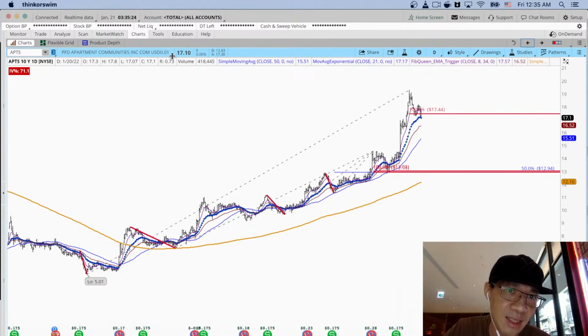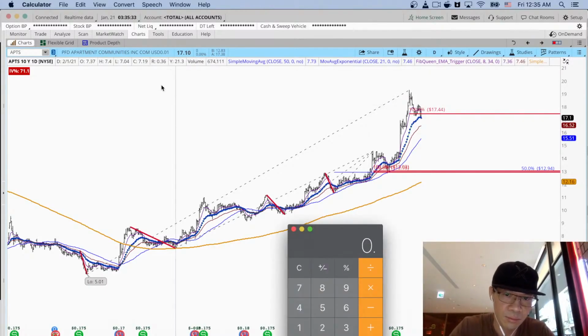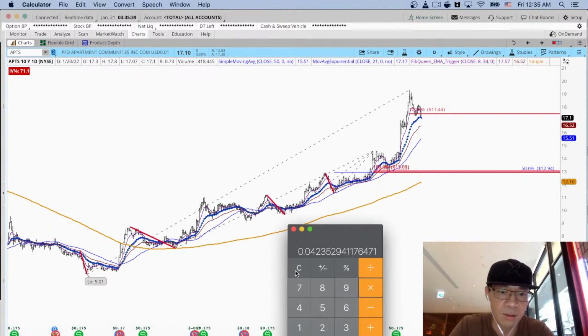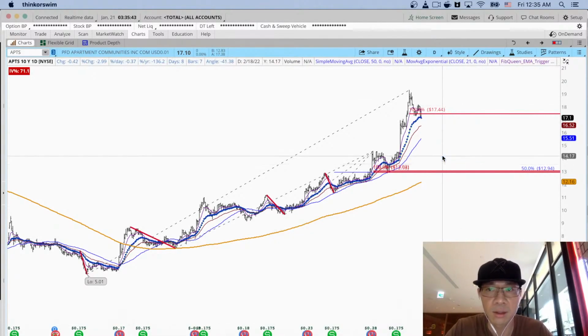On a stock that is $17, 72 cents divided by $17. So it's about 4% for doing nothing.